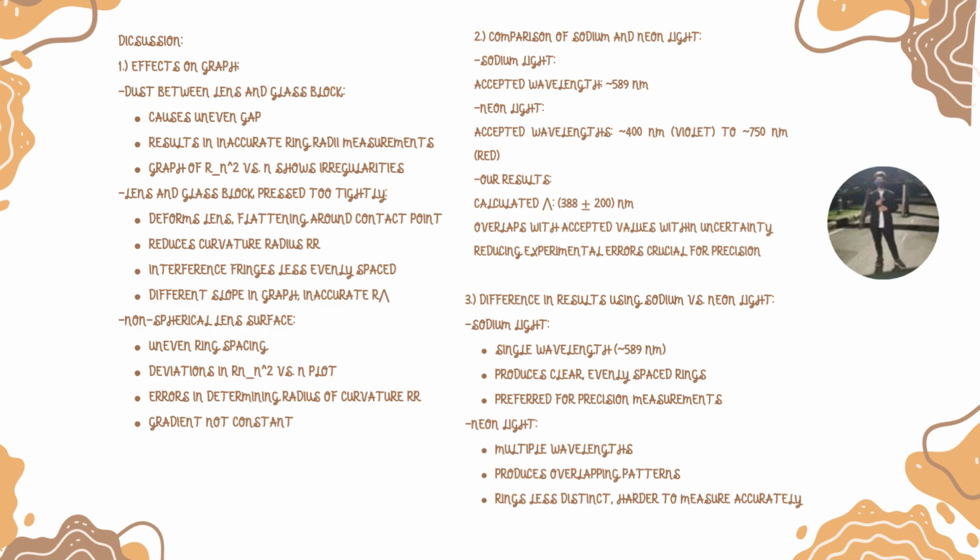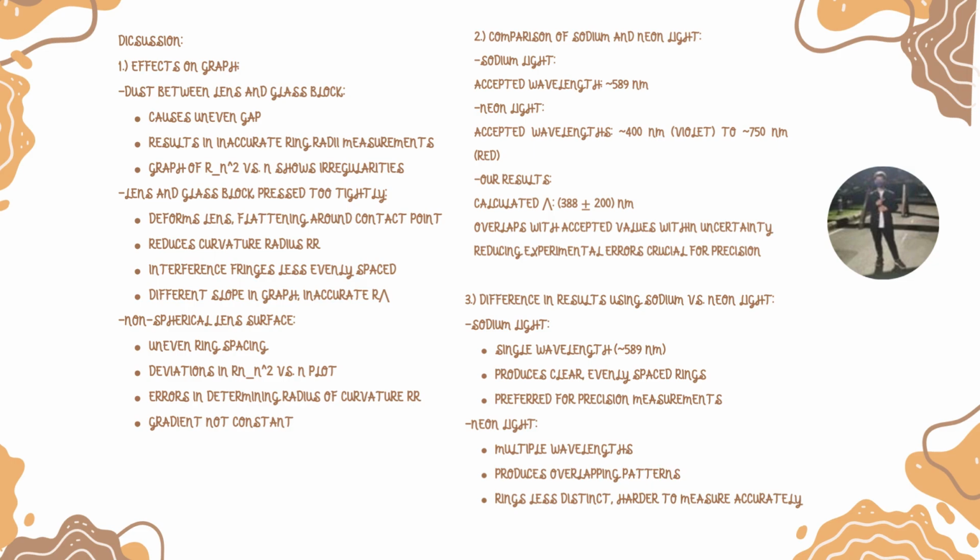Comparison of sodium light and neon light with accepted values. The accepted wavelength for sodium light is around 589 nanometers, while the accepted wavelengths for neon light range from about 400 nanometers, violet, to 750 nanometers, red.